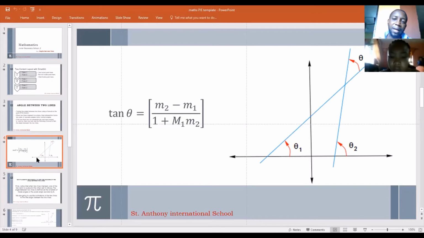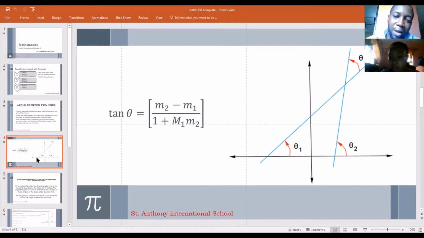If you look at that diagram I have on my screen right now, I said you will notice that two of the theta angles are actually acute, which is an angle between 0 and 90 degrees, right? Good. Now, sometimes from this formula, two of the angles you have are supposed to be acute, and one is meant to be obtuse.